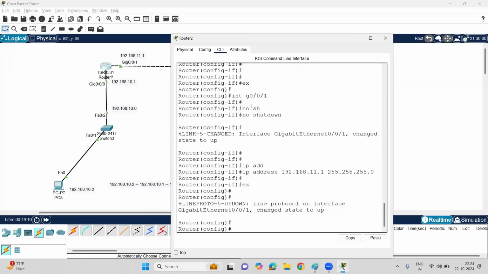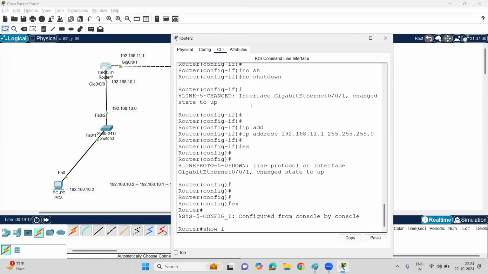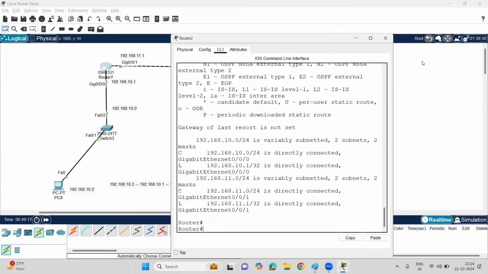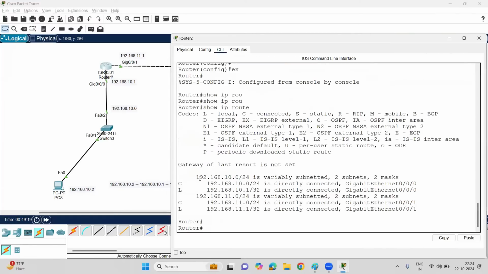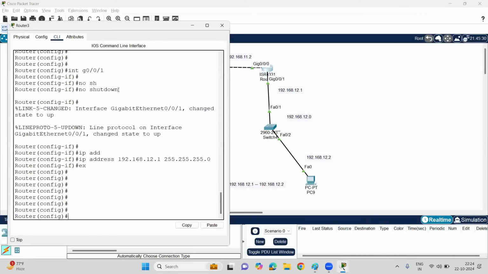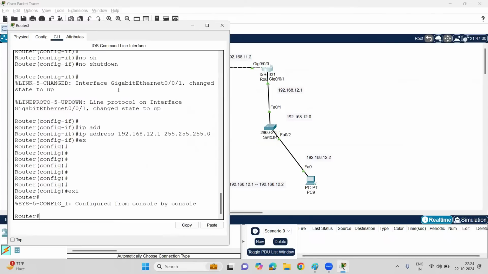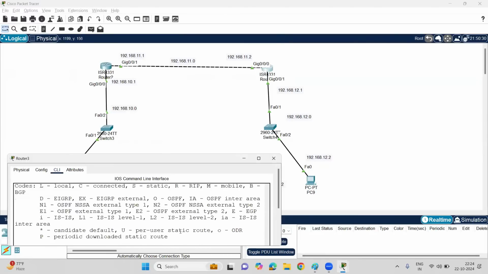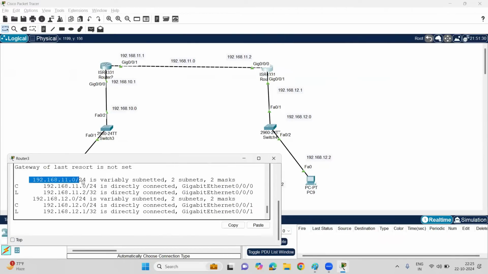If I ask this router how many networks it knows, by putting the command show ip route, it will say it has information about only two networks: 192.168.10.0 and 192.168.11.0. Let me ask the other router how many networks it knows. Putting the command show ip route, it will say it also has information about two networks: 192.168.11.0 and 12.0.